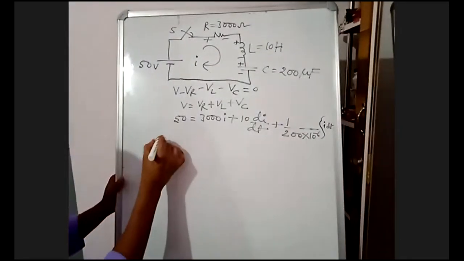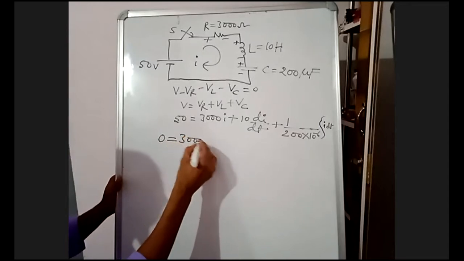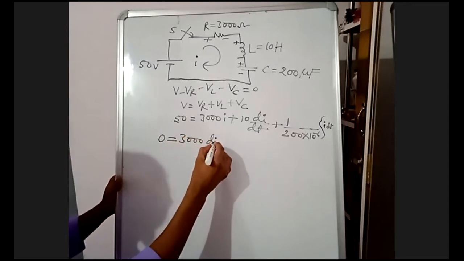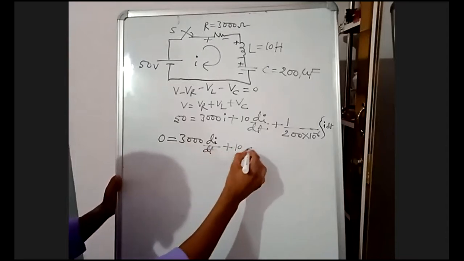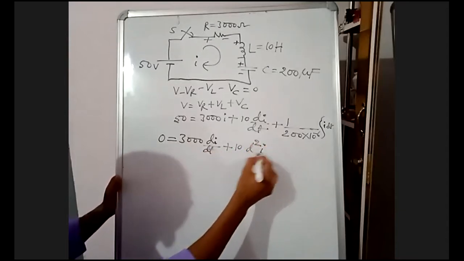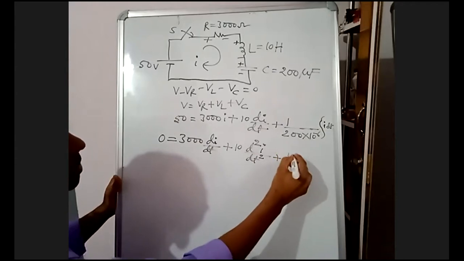Derivative of constant is 0, 3000 di by dt plus d square I by dt square plus 10 power minus 6 into I is equal to 0.